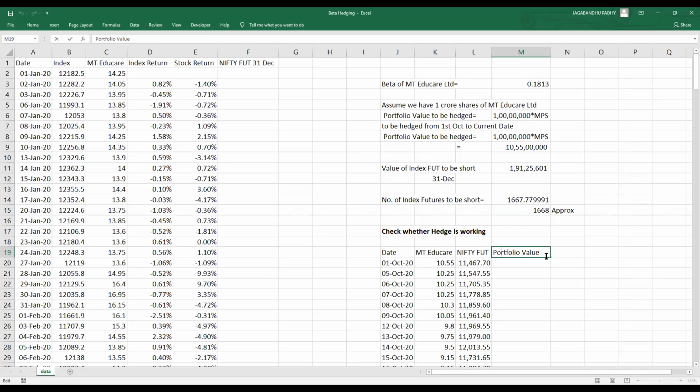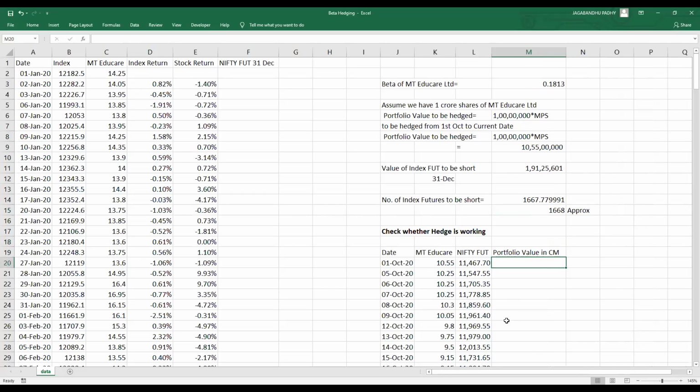My portfolio value in the cash market. How will I get my portfolio value in the cash market? 1 crore into the price of the stock. Yes. So that's going to be 10.55 into this, which is the portfolio value in the cash market.